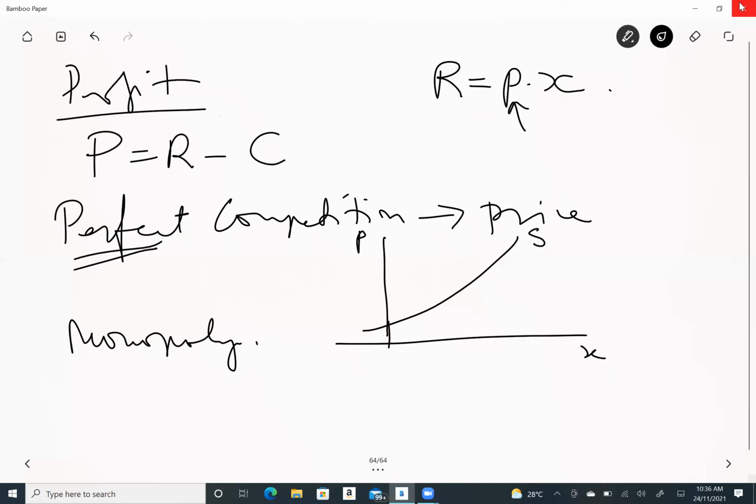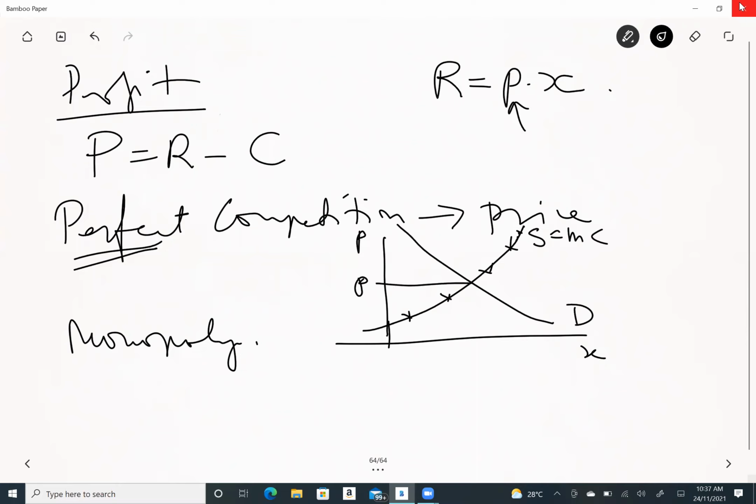To determine the market price, I need the demand. When you have the demand function, you will get the market price.